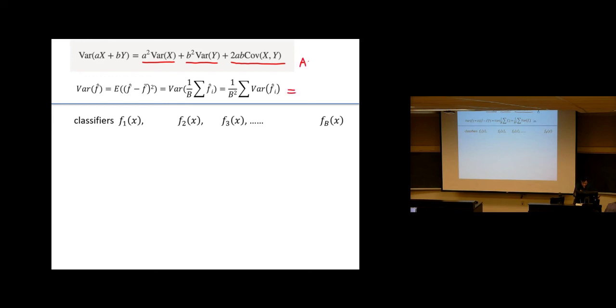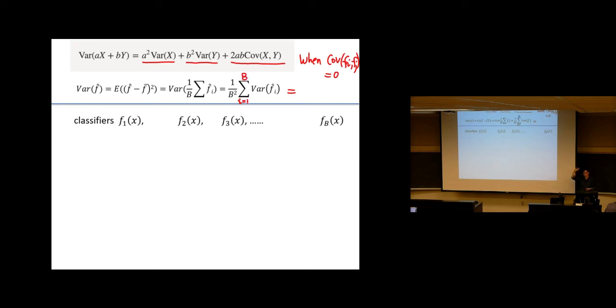So when the covariance of fi and fj, all the possible pairwise covariances of each tree, is 0, I can derive the following. Because you have a total of B trees, I from 1 to B, and I'm assuming each one of them has the same variance.